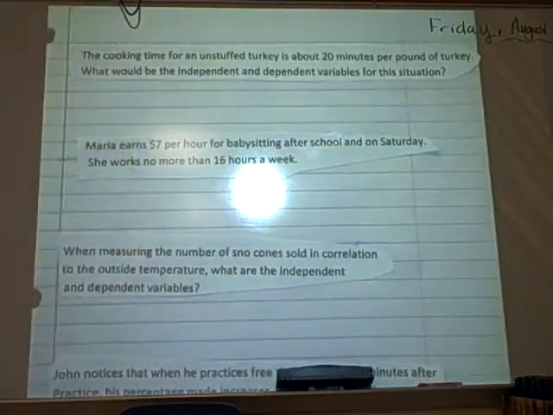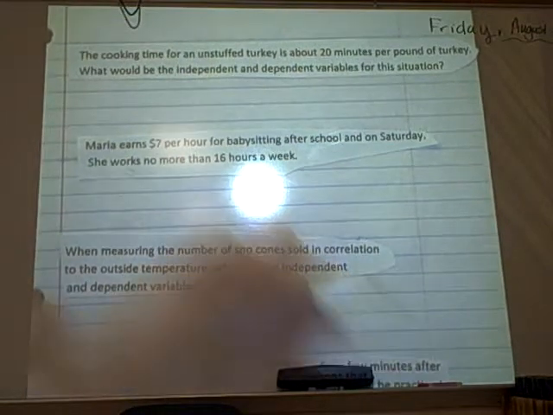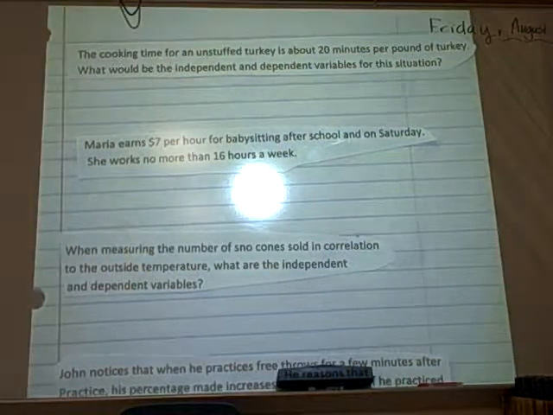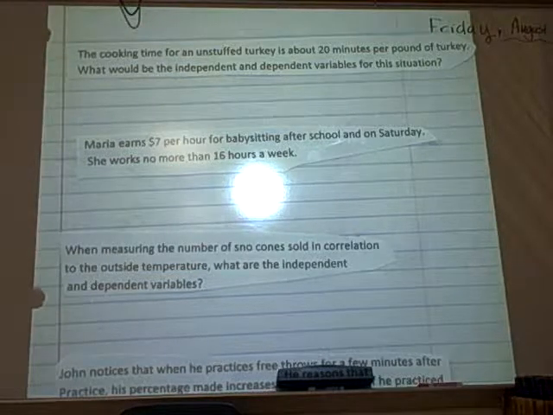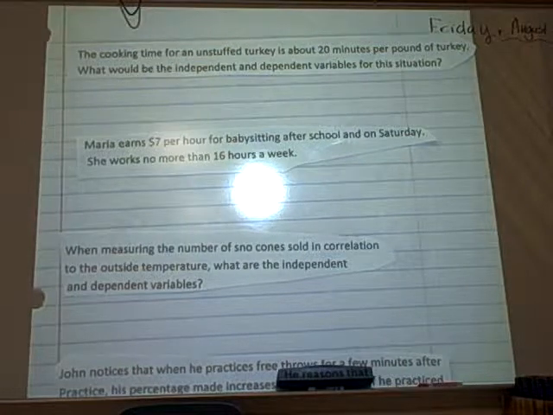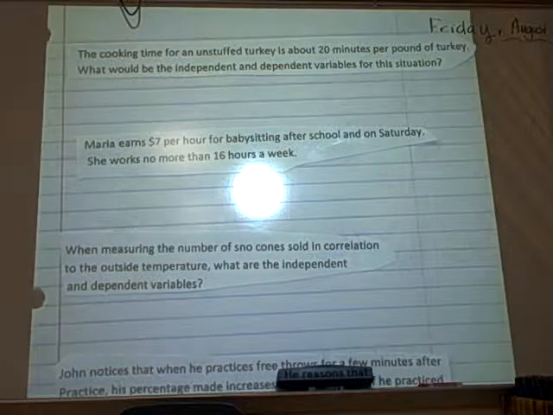Okay, so you're just gluing them down, spacing them out on the next page. This is our last page today. We're just going to practice picking out which one is independent and which one is dependent. No mathematical computation involved.